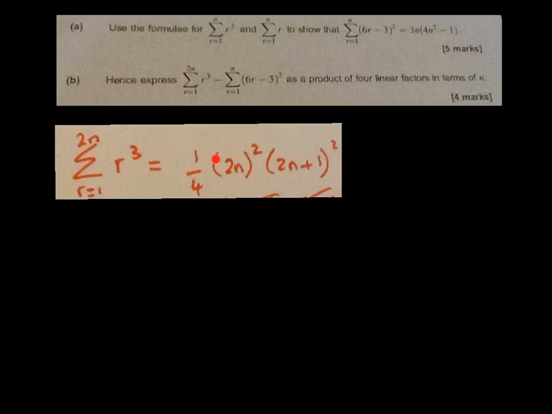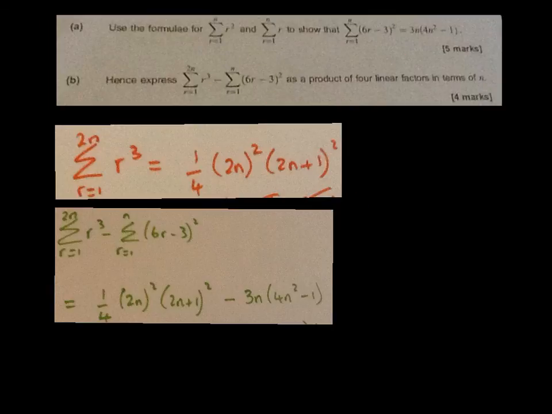Now you've got to make sure, and this is a common mistake, it's the whole of (2n) squared. It's not 2 lots of n squared, it's 2n all squared, because that expanded will give me 4n squared, which is different. And then for my (n plus 1) squared, instead of n, I'm going to put 2n, so that's what we get. So combining this now with the result from part A, we get this.